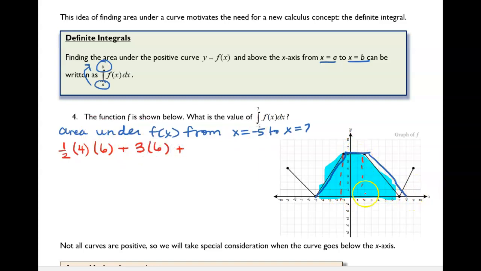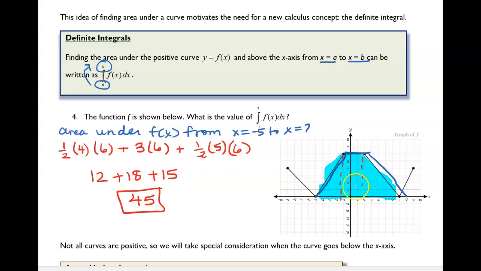And our last triangle, we're going from 2 to 7, so that has a base of 5, and our height of our triangle is 6 as well. So we will need to simplify those and add them together. So this is 12 plus 18 plus 15, which gives us 45. Now in this case, we're not worried about units or anything like that. We're just finding this value. So the area under the curve of f of x from -5 to 7 is 45.